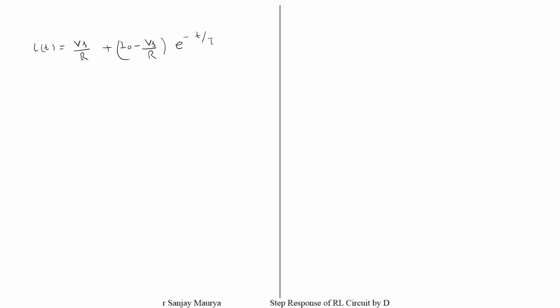So if we look over here, this is the value of the current across the inductor when t is infinite, so I can write I infinite. And this is the initial value of the current. This can be written as I0. And this one is again the current after infinite time, so I can write I infinite e to the power minus t by tau.